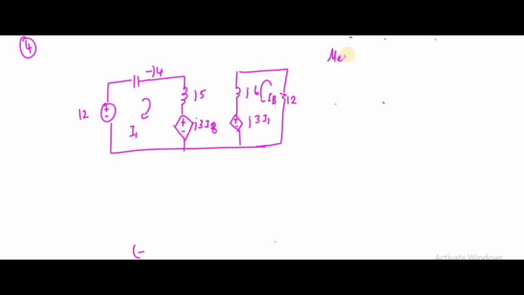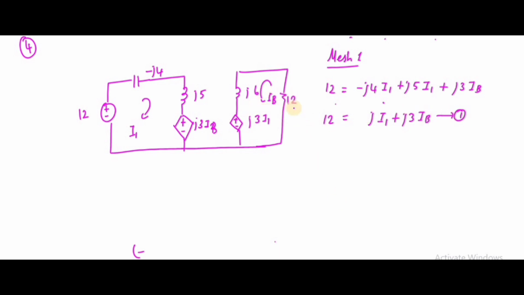So for mesh 1, I can write 12 is equal to minus J4 into I1 plus J5 into I1 plus J3 into IB. So this I can write as J I1 plus J3 IB. So this is your first equation.